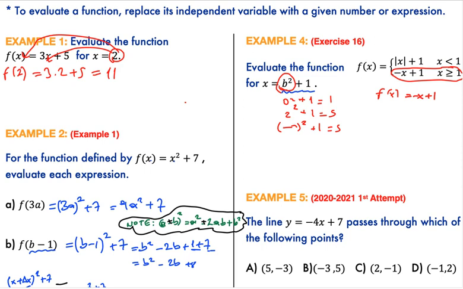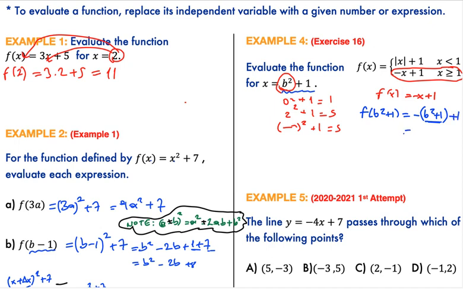So in this function, we will replace b squared plus 1 for x. So that x becomes b squared plus 1. The other x on the right hand side also becomes b squared plus 1. And since we have a quantity here, use brackets because that minus belongs to the whole expression, plus 1.